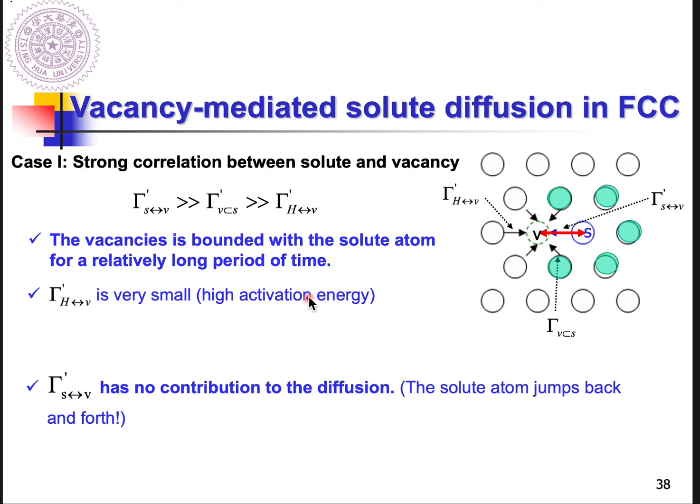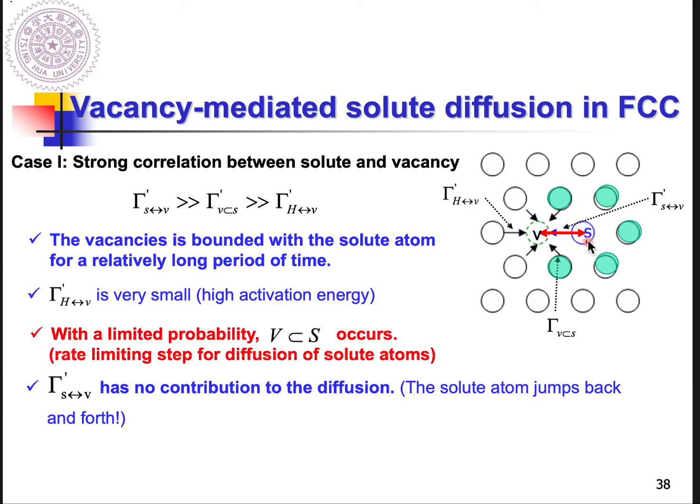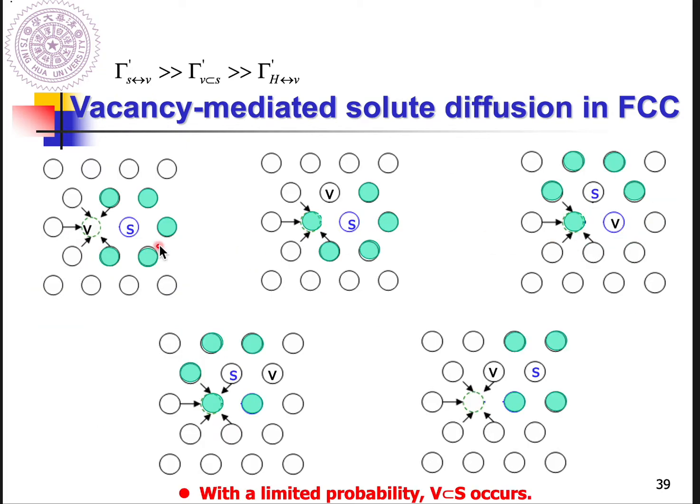Don't forget, the purpose here is to formulate the diffusivity for this solute atom. So we need to find which one is the limiting step that controls the diffusivity for the solute atom. So I drew figures to help you get some idea about which jumping process is the limiting step.